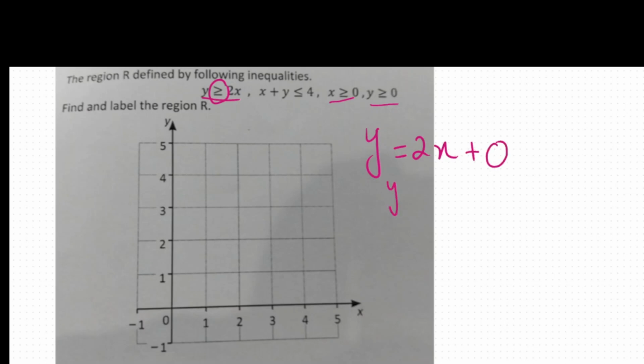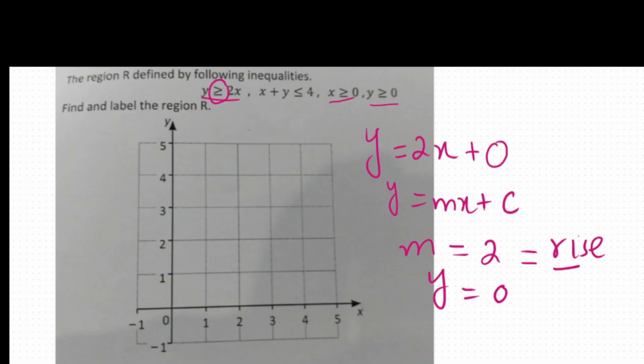Comparing it with the standard form y equal to mx plus c, my gradient or slope is 2, and my y-intercept is 0. It means the line will be passing through the origin, and the slope is 2. We know that slope is rise over run, so rise is 2 and run is 1.